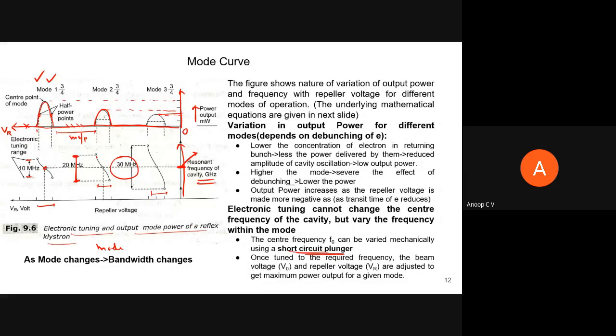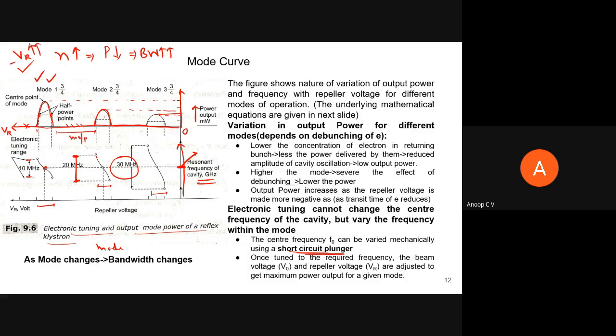So the idea is very simple. As n increases, power decreases, but bandwidth increases. Suppose you want to use a klystron to deliver maximum power. Then you should tune it to the lower order modes, which means you should keep the repeller voltage negative maximum.